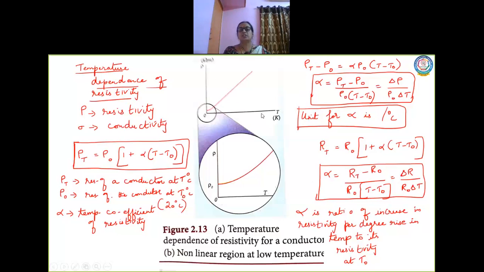When you keep on increasing the temperature, the resistivity also will increase. Okay. Now there is a small non-linear region also here at lower temperatures. The resistivity may not increase, but after a certain temperature, the graph is linear. Now this is the case of a conductor.